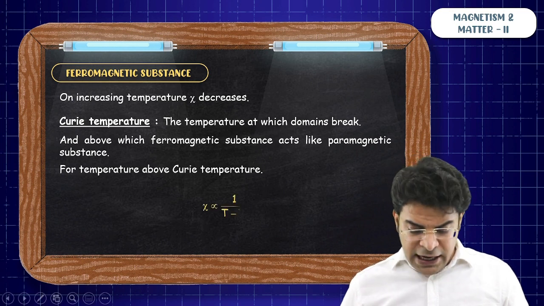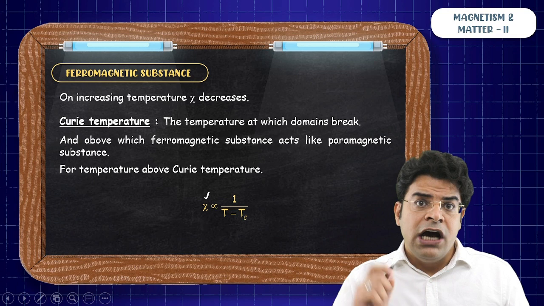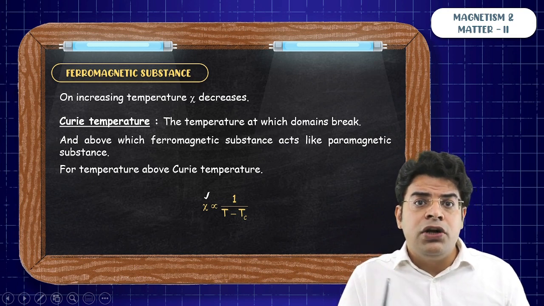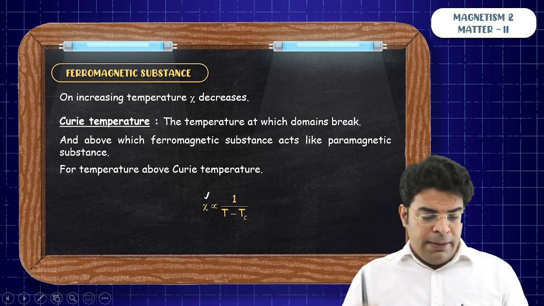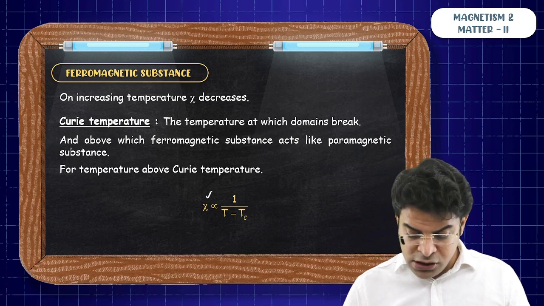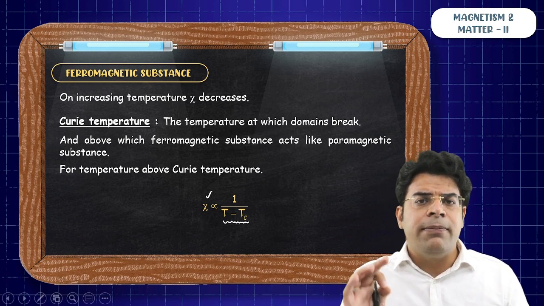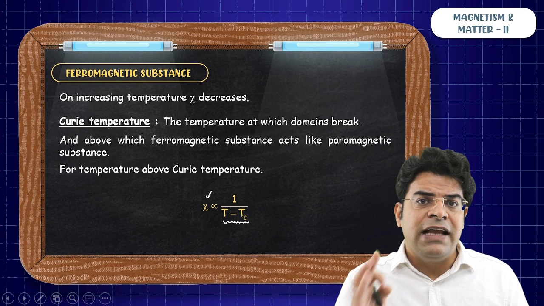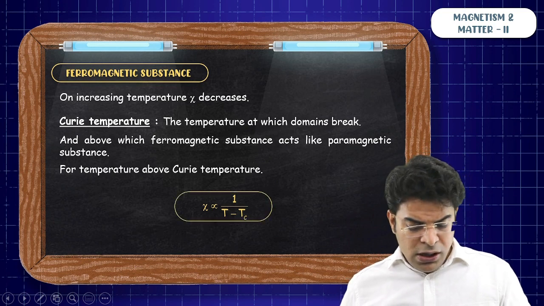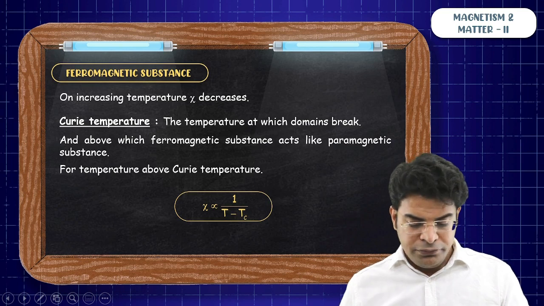So we say that the susceptibility of a ferromagnetic substance above the Curie temperature is inversely proportional to the temperature above the Curie temperature, because only above the Curie temperature does a substance act like a paramagnetic substance. Now this particular law is called the Curie-Weiss law.